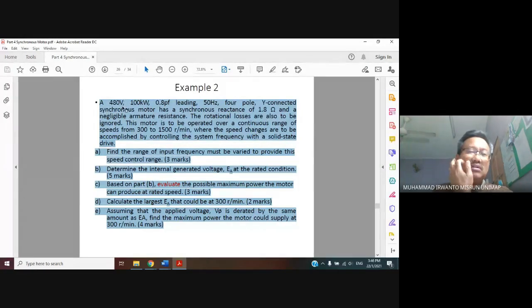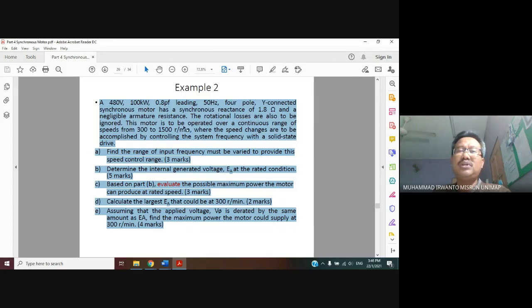400 volt, 100 kilowatt, 0.8 power factor leading, 50 Hz, 4 pole, Y connected synchronous motor, has a synchronous reactance of 1.8 ohm and negligible armature resistance. The rotational losses are also to be ignored.